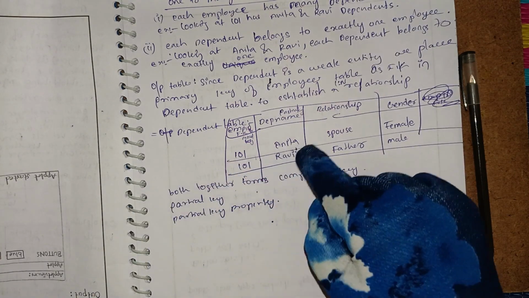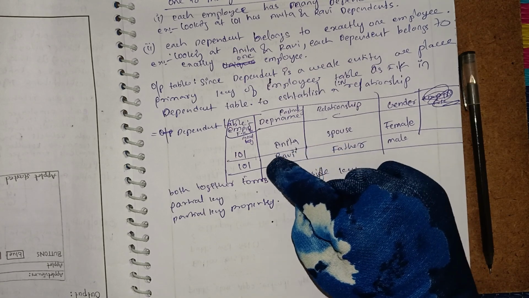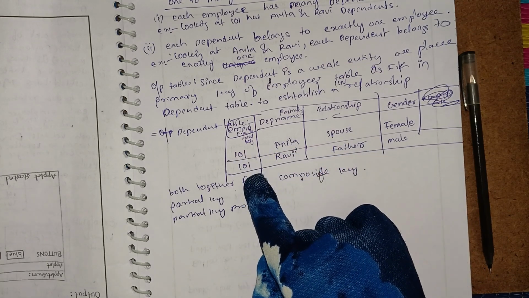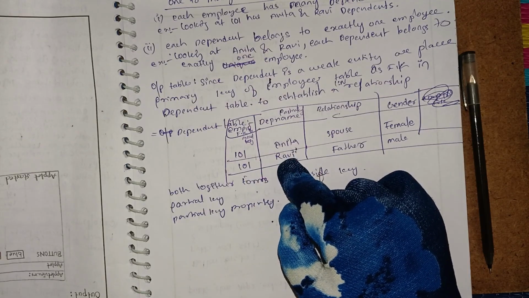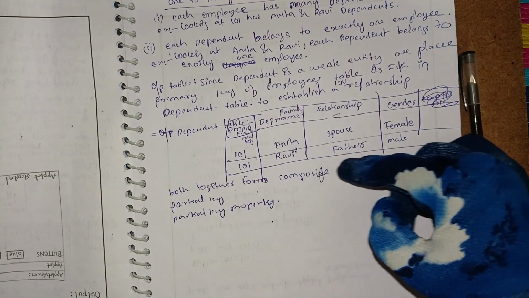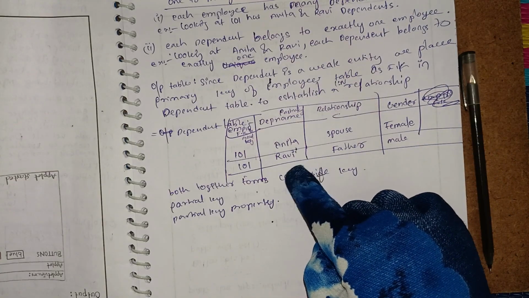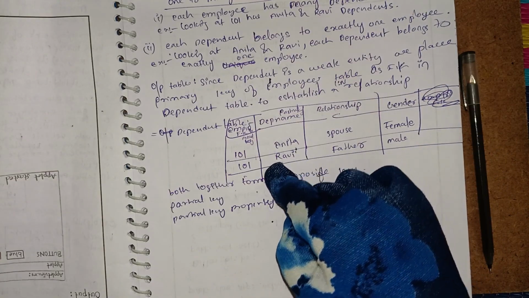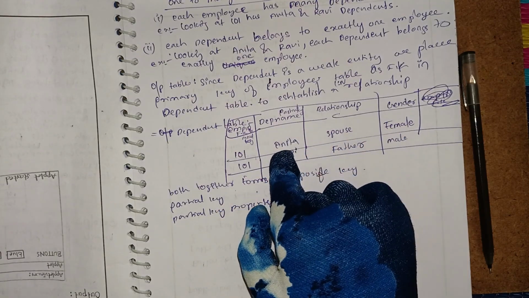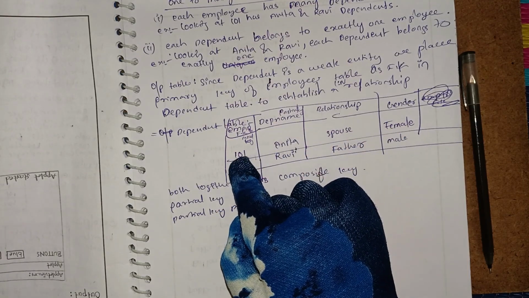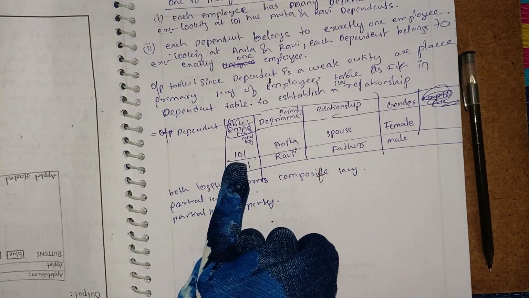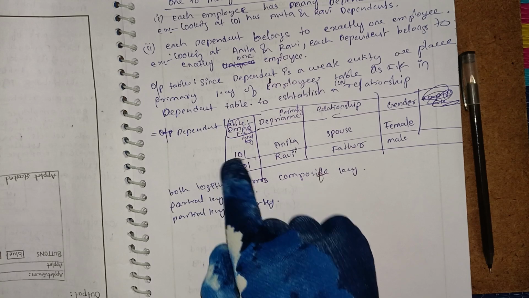This is possible, but if we write Anita 101 and Anita 101, then this will not be accepted because it violates the primary key property, and hence it also prevents each dependent from belonging to the same employee twice.